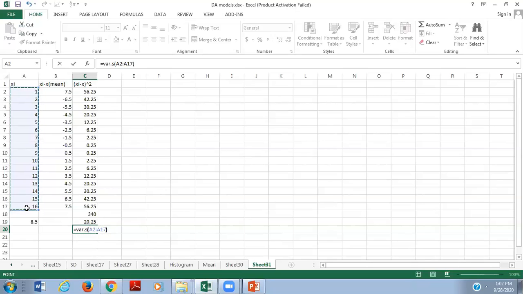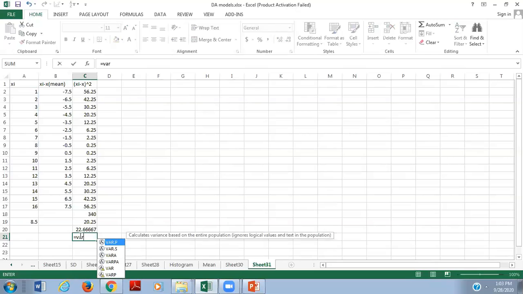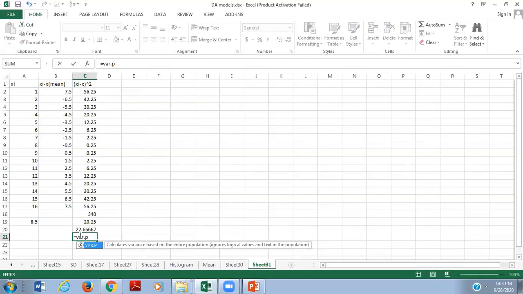Here the sample formula value is different because we took the s. If I take the variance of population, var dot p, then select the range.